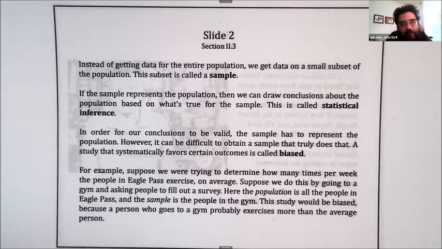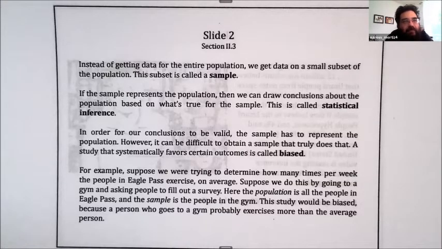So for example, if we're trying to study how much TV people in Eagle Pass watch every week, what we would do is get a subset of people in Eagle Pass, maybe 100 people or 1,000 people. That subset we call a sample. And instead of studying the whole population, we just study that sample.